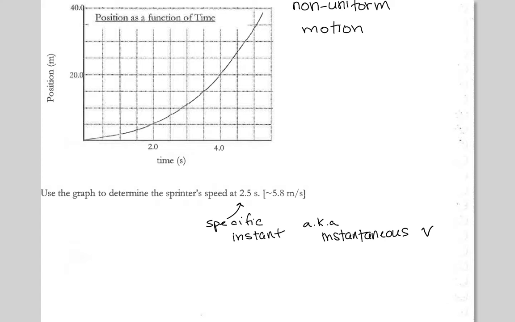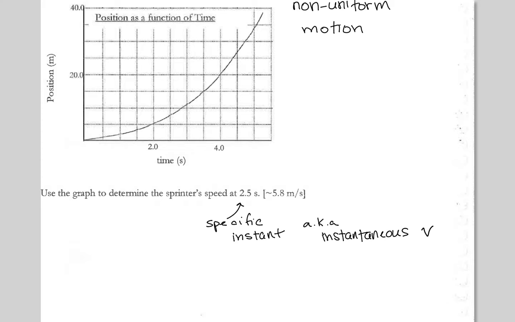To find instantaneous velocity off of a graph, especially a PT graph, what do you need? PT graph, how do you find speed? We just did it on the quiz. Off a graph, you need the slope, right? DT graph, you want the speed, you need the slope. How the heck do you take a slope of a curved line?